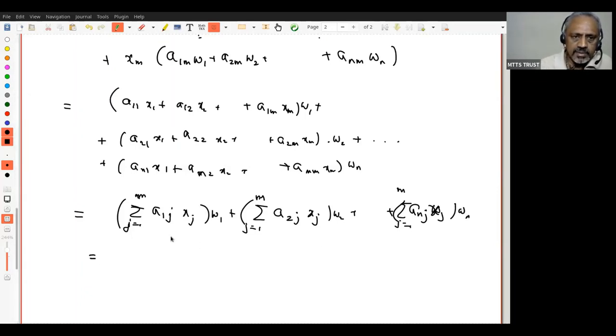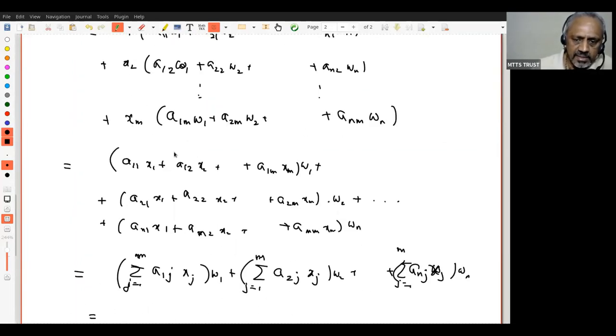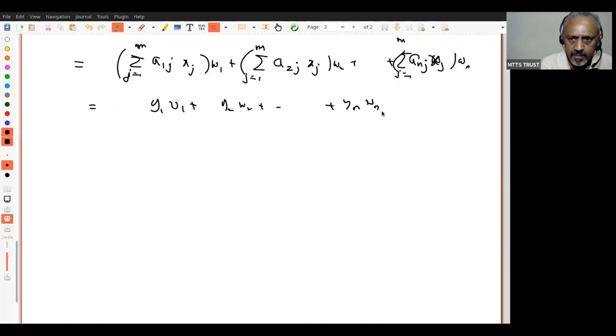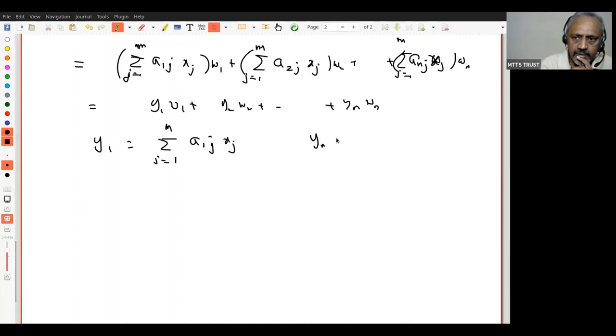But notice that I have written this vector f of v as a linear combination of w1 to wn, but we know that it is actually y1 w1 plus y2 w2 plus dot dot plus yn wn. Since w1 to wn is a basis, uniqueness of the expression shows that y1 must be the summation of a1j xj, j equal to 1 to m, and yn equal to the summation of anj xj.